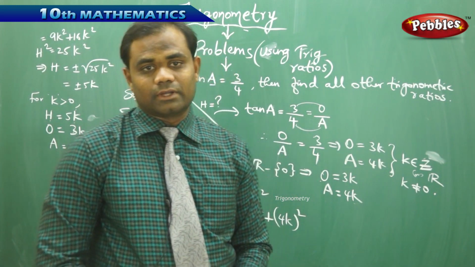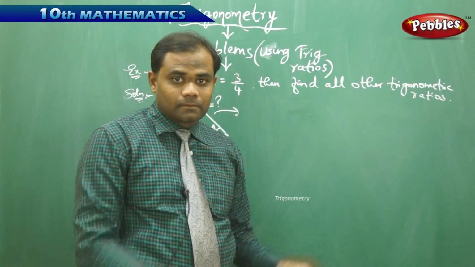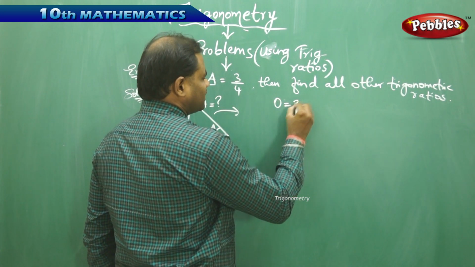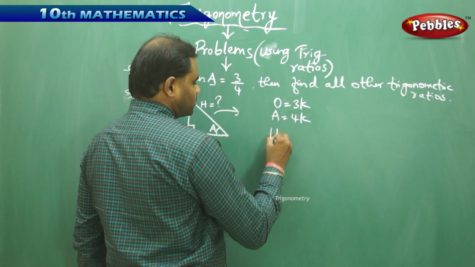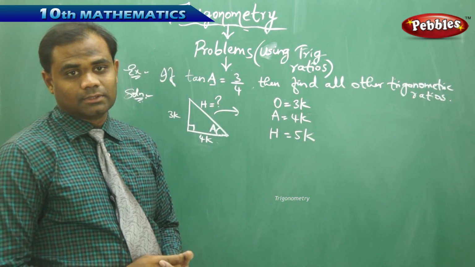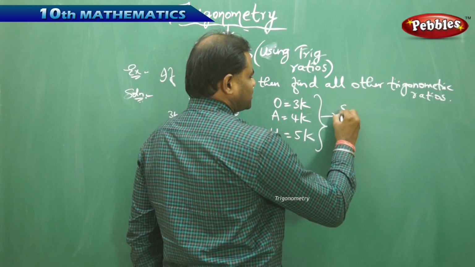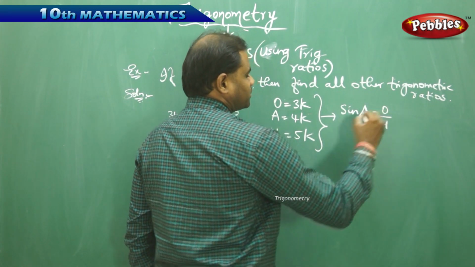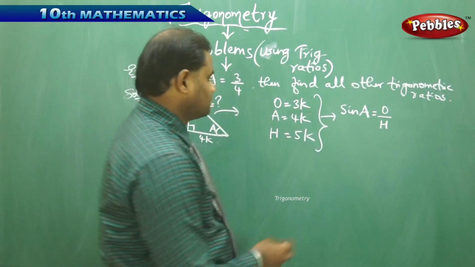Let's see how we can find each trigonometric ratio using h, o and a. We have the opposite side, which is 3k, adjacent side, which is 4k, and hypotenuse, which is 5k, found using the Pythagoras theorem. To start with sine A, which is opposite by hypotenuse, is the formula for sine theta.